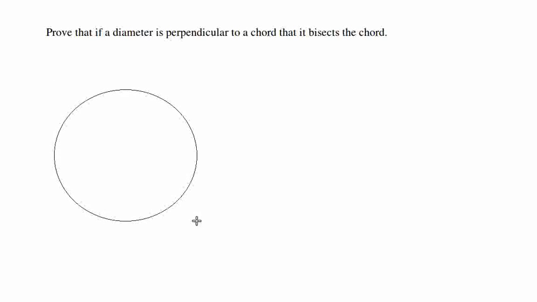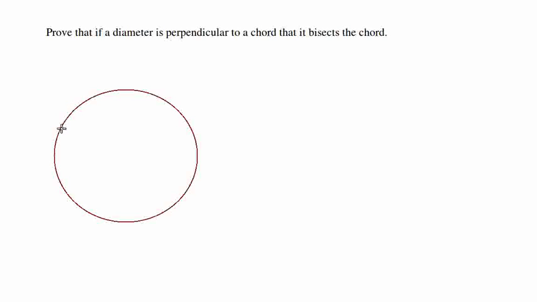Prove that if a diameter is perpendicular to a chord, then it bisects the chord. So pause the video and try to do that now, if you like. Let me go ahead and do it as well.